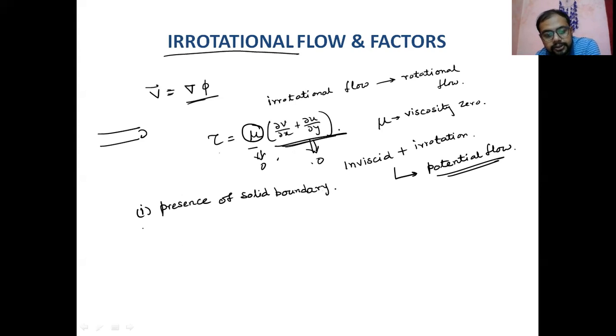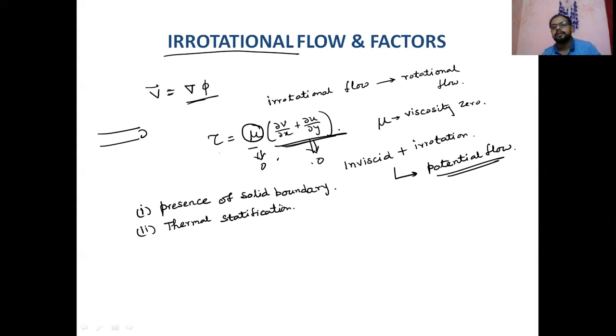There are other factors also. We just write down some factor names. That is the thermal stratification. That means the layers that separate by density. In a fluid flow, in the ocean, if you go to different depths, you will get different temperatures.